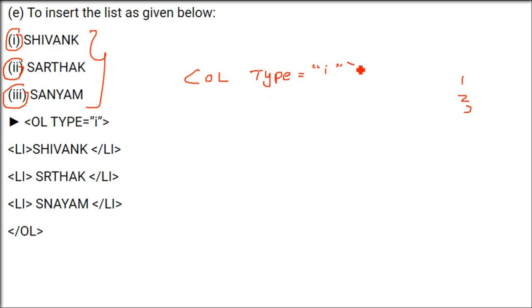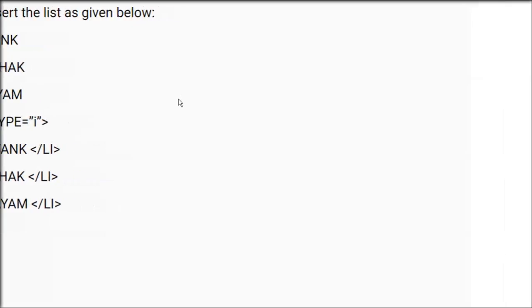So for that you have to use type equal to small i. For capital you will use capital I. If you had chosen capital I, it will be capital I, II, III in Romans. These are the three items you have to give inside OL. OL is a container tag, so you have to end it also. LI is a container tag, you have to end it also.